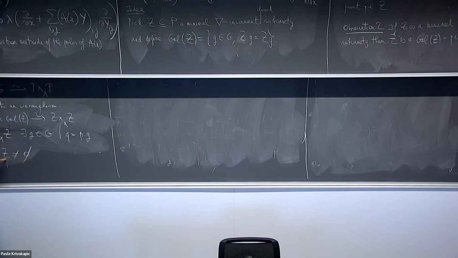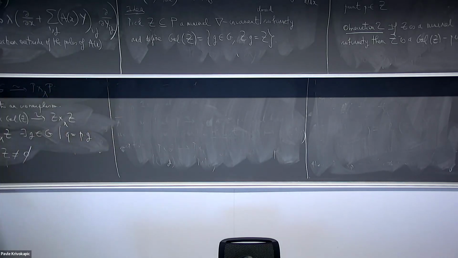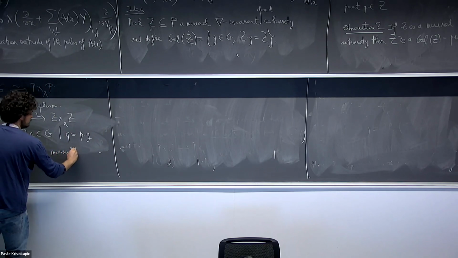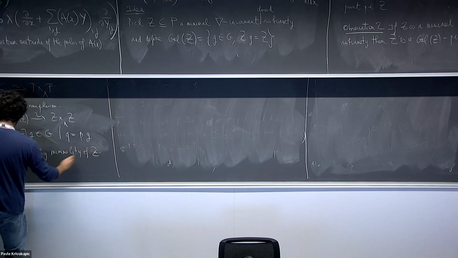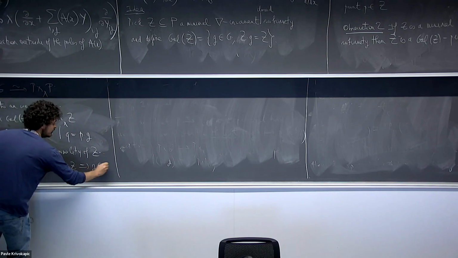Since the connection is principal, this is a delta invariant subvariety. But by minimality of Z, Zg is equal to Z, which implies that g is in Gal Z.